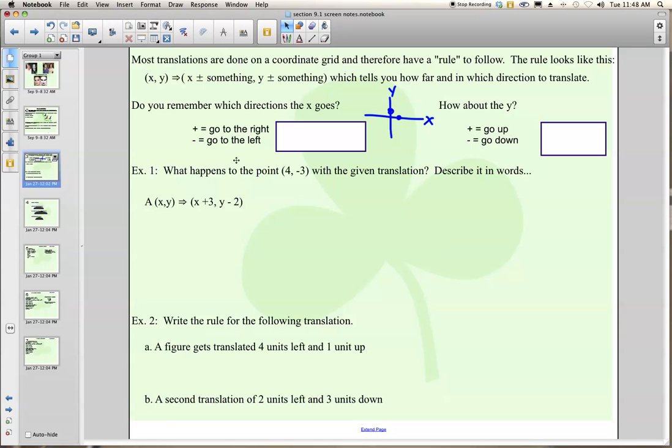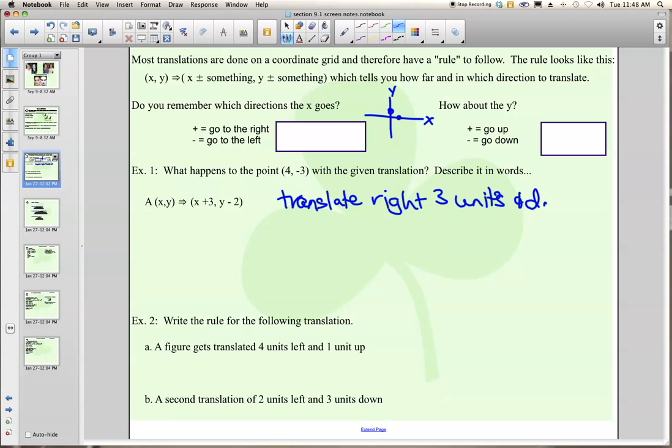And since you're subtracting 2 units from the y, every coordinate is going to go down 2 units. So overall, you would describe this rule in words as you would translate right 3 units and down 2 units.